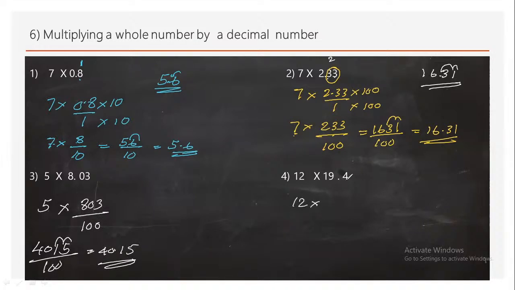12 into 19.4 contains one decimal place, so 194 over the line, and below the line write 10.